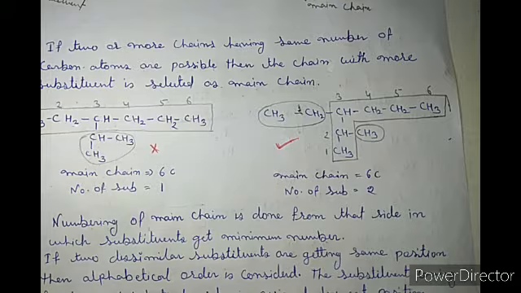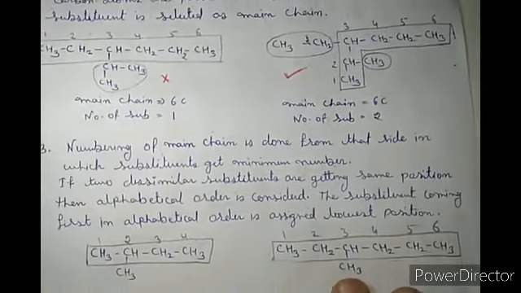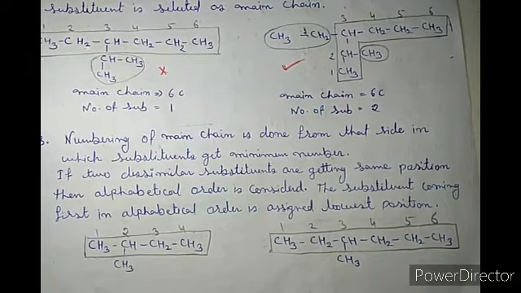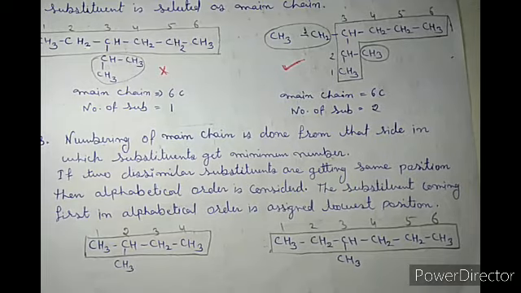Got it? Now the third rule, that is numbering of the main chain. Because when we write the name of hydrocarbons, we also write the name of substituents, and for that we have to mention the number of the carbon atom to which the substituent is attached.